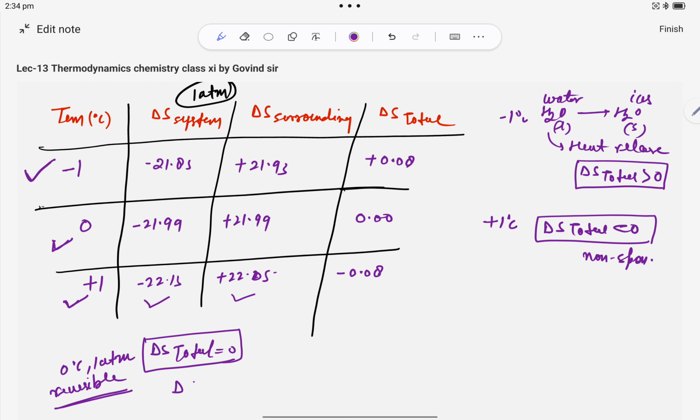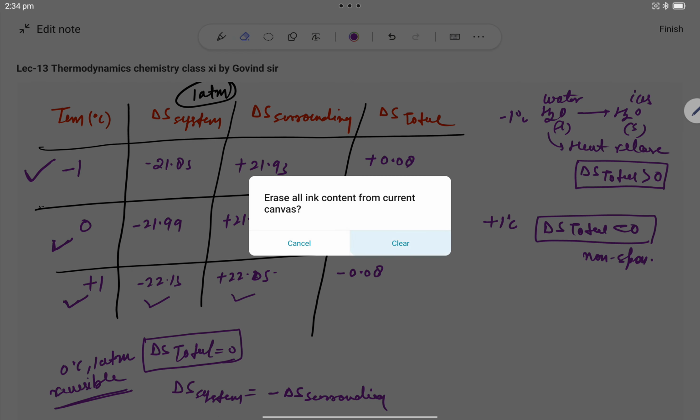At that time, delta S of system is equal to minus delta S of surrounding. That you have to remember. Based upon this, we'll solve one question.